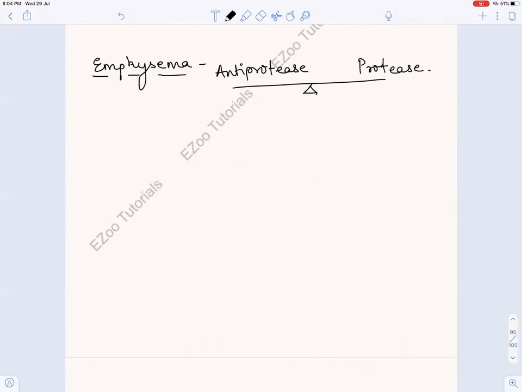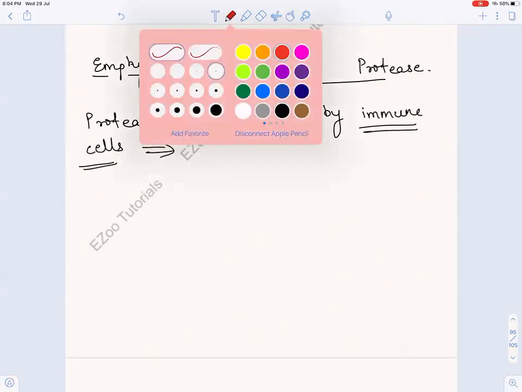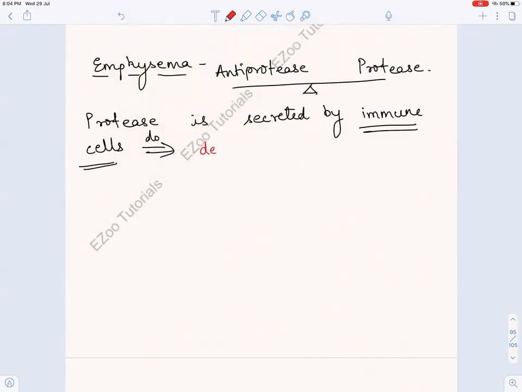Because protease is secreted by immune cells. And what does it do? It destroys the elastin fibers and the alveolus wall.